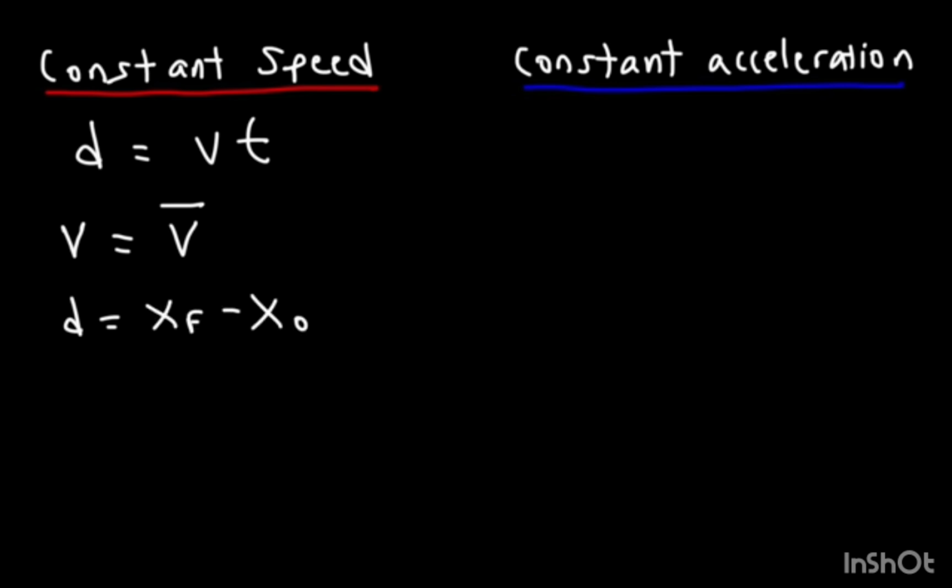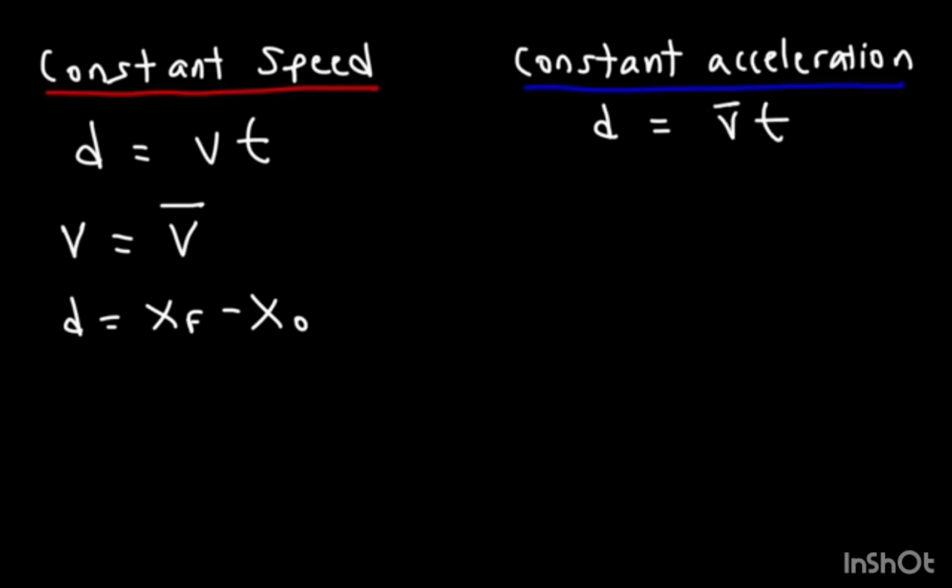But if you're dealing with distance, you don't have to worry about that. So just keep in mind if you're using d as displacement or distance. Now for constant acceleration, we have some formulas that we need to take into account. For constant acceleration, d is equal to v bar times t.